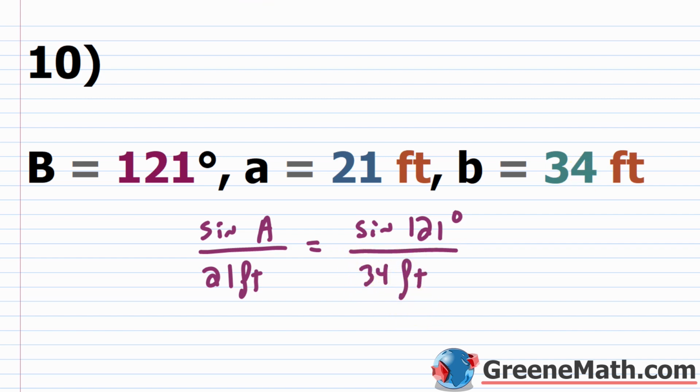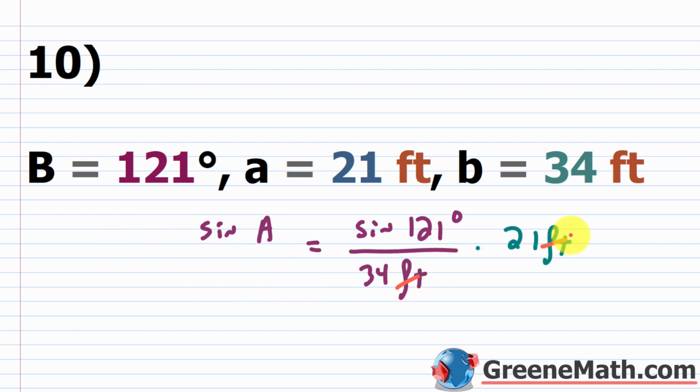All I need to do here is multiply both sides by 21 feet. I'm just going to do it on this side, and then I can show it over here, although we know what's going to happen. We're going to end up just canceling this away, and I'll just erase it, just to make it more neat. So let's punch this into the calculator.